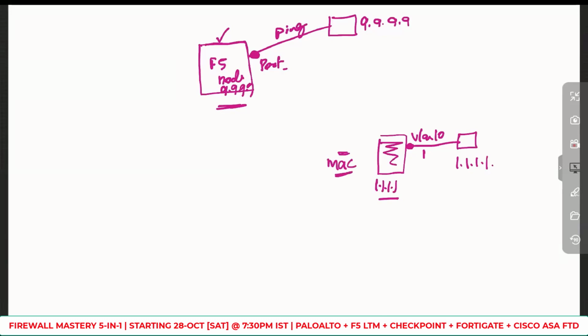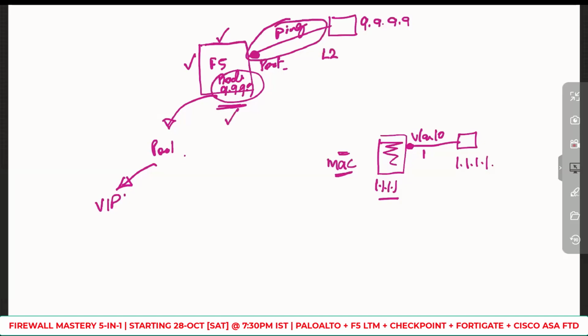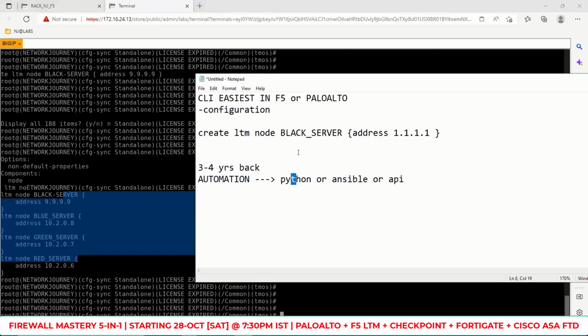But in the F5, you need the entry because that entry will later be used under the pool configuration, and that pool configuration will be under the VIP configuration. You have to do all your configuration from a layer 2 point of view, plus make an entry creation for that node. That entry creation will not automatically come up in the F5. So that was the tedious job, as I was explaining.